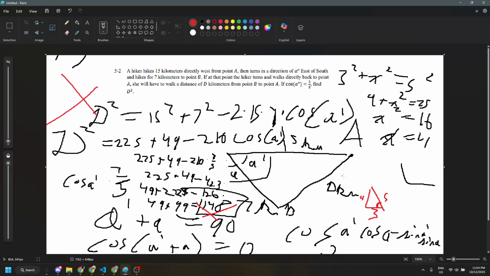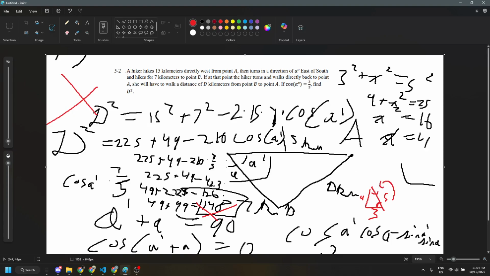Now, we want to know, oh wait, did I get the complement right? I got the angle right with this south thing. But if cosine is 3/5, then 90 minus that would be this one, and then that just equals that. That makes so much sense.